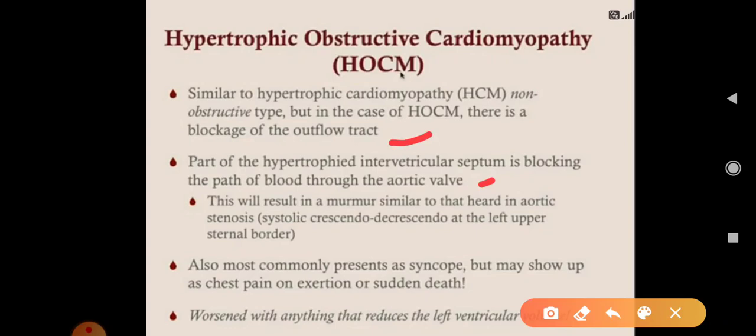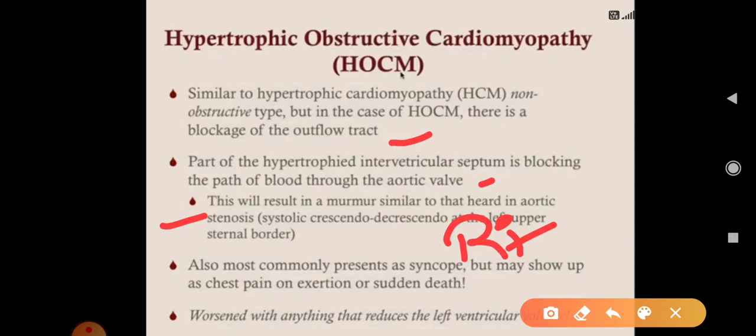Remember, hypertrophied interventricular septum blocking the path of blood through the aortic valve. This will result in a murmur similar to aortic stenosis: systolic crescendo-decrescendo at the right upper sternal border.